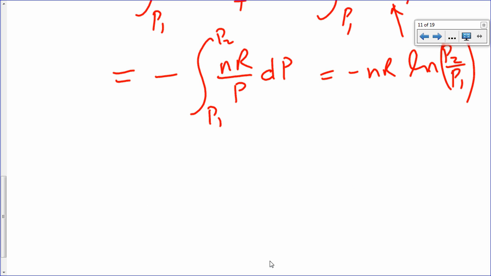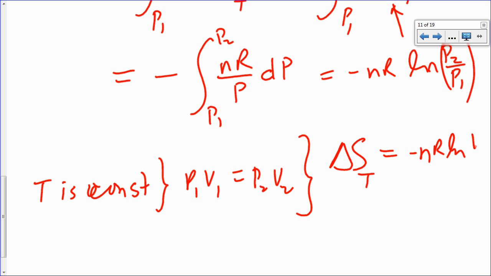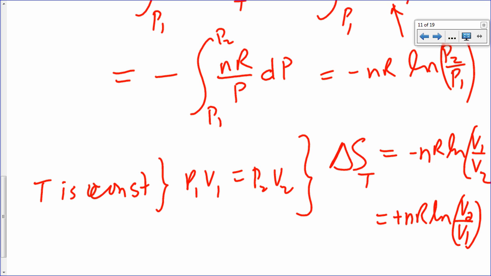Or in terms of V2 over V1, since temperature is constant, P1 V1 equals P2 V2, right? So delta S for an isothermal expansion or compression of a gas is negative nR ln V1 over V2, or positive nR ln V2 over V1. If I flip V1 and V2, I make this positive, right?